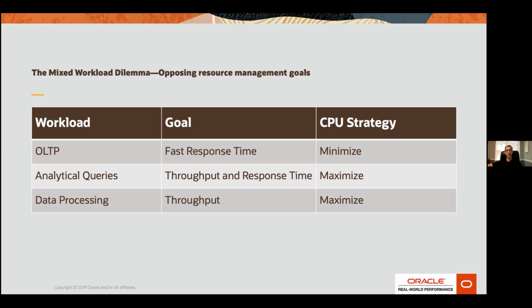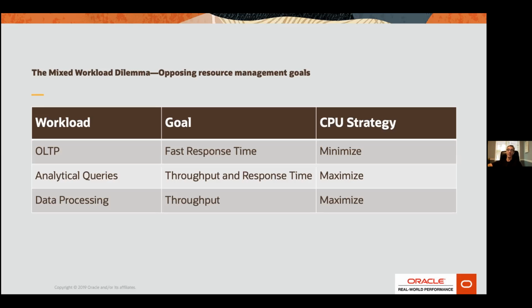With OLTP, you want to save that CPU so that your CPU utilization doesn't go above that 60 to 70% range. But with data warehousing queries and when you're loading lots of data, we actually want to use all of the available CPU, so that we can load or process as many rows as possible in a given amount of time.